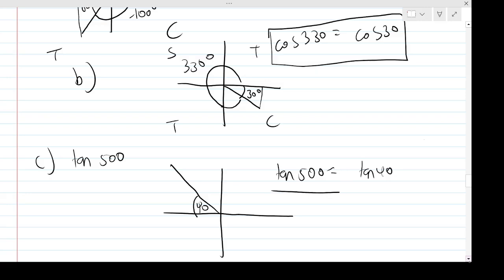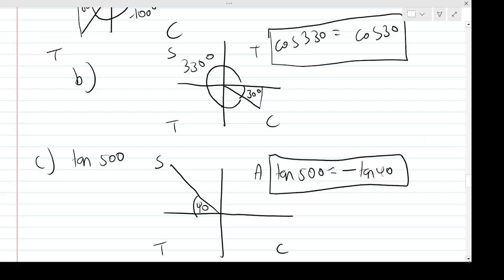To work out the sign of tan 500, we need to consider the CAST diagram again, labelling all the quadrants C-A-S-T in this way. We're working in this quadrant, that's where our angle is. Only sine is positive here, so that means tan is negative. So tan 500 is negative tan 40. So once you get the hang of it, hopefully it's not too hard.